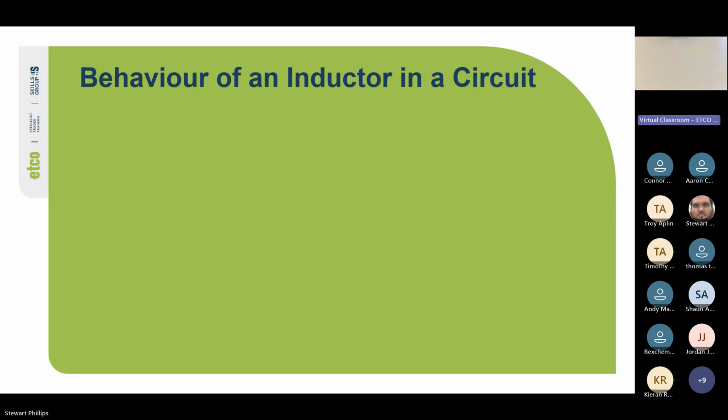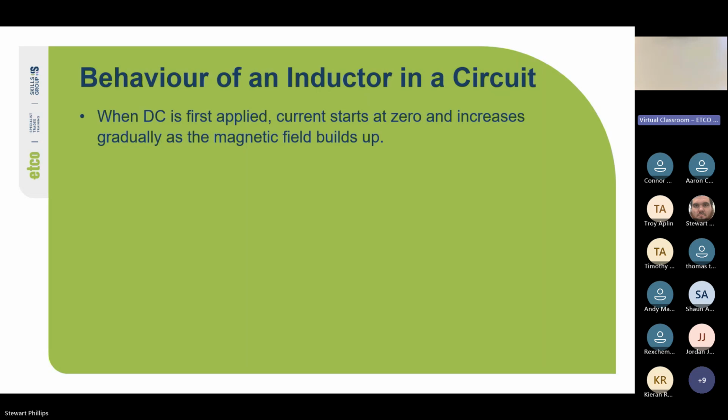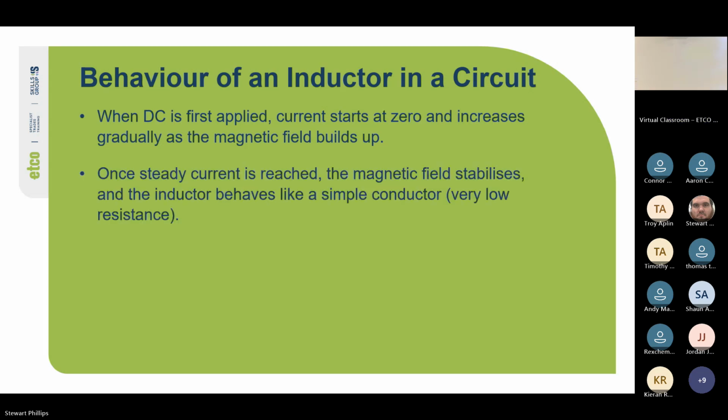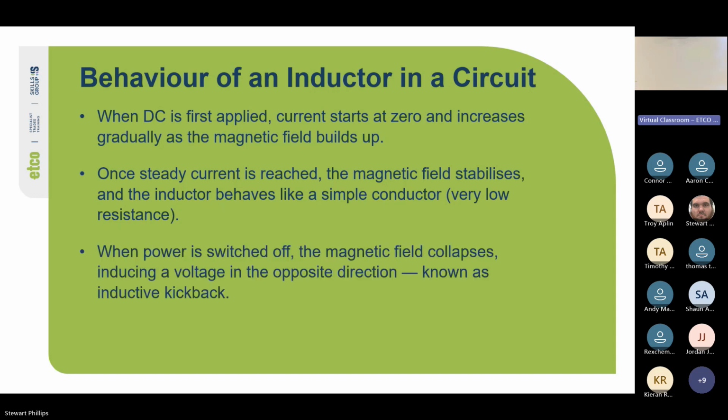Cool. So when we apply a DC current or DC voltage, the current starts at 0 and increases gradually as the magnetic field builds up. But once a steady current is reached, the magnetic field stabilizes and the inductor behaves like a simple conductor with very low resistance.